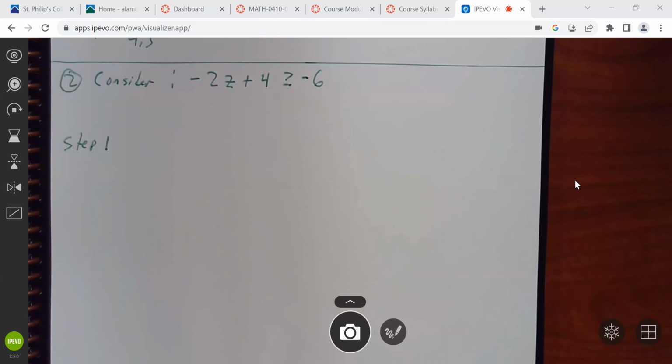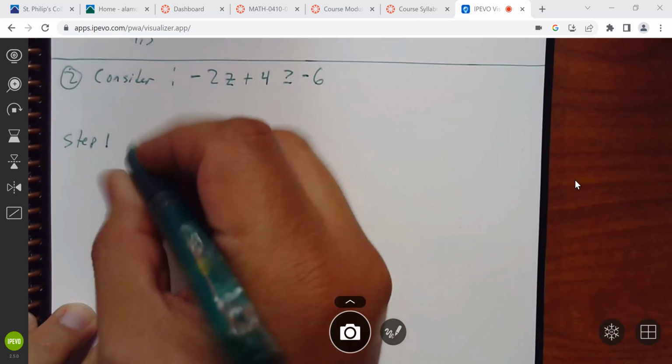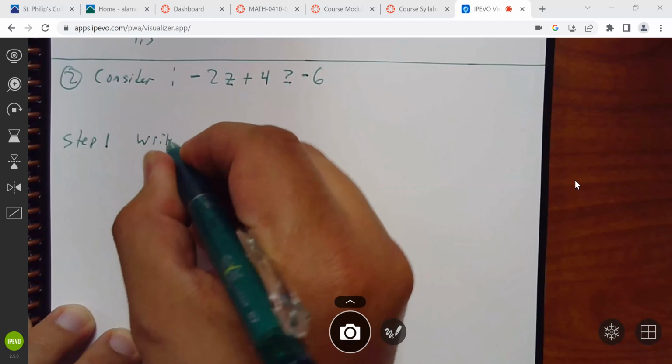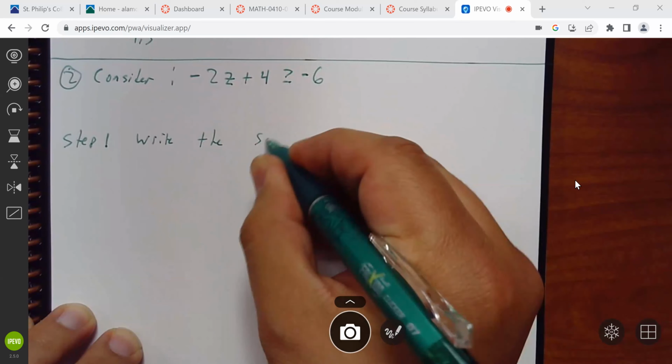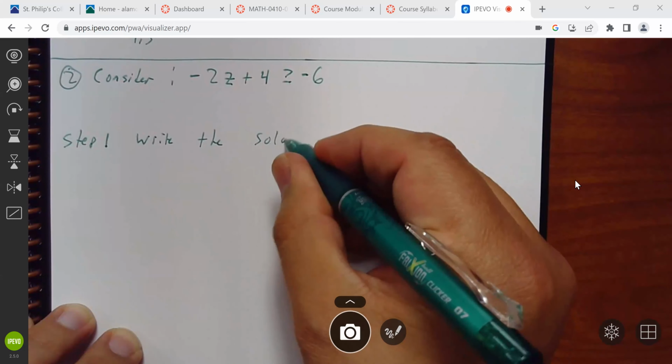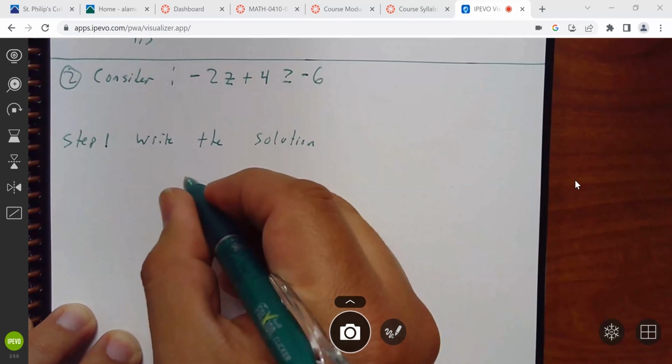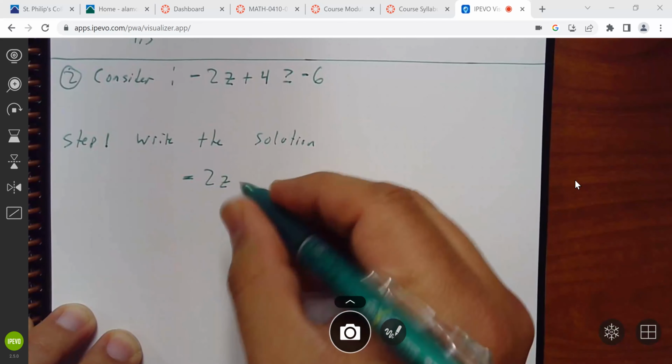What's the first step though? Get rid of the 4. So step 1, write the solution intervals. That'll be 10, -10, and then divided by 2, so that'll be 5, -5.